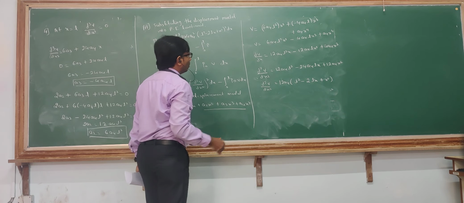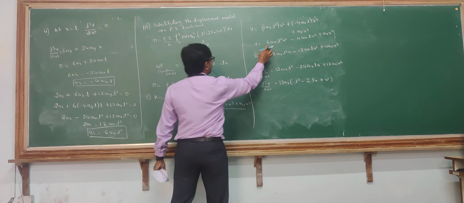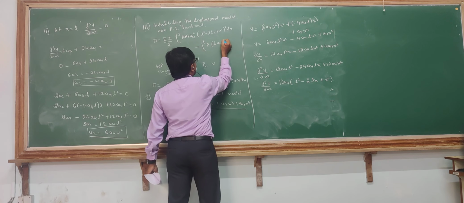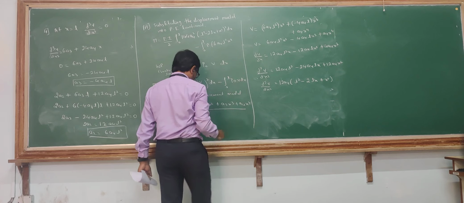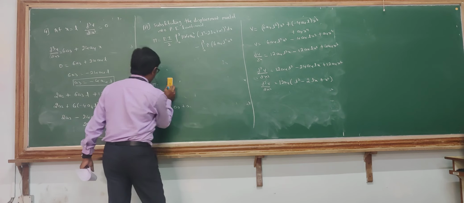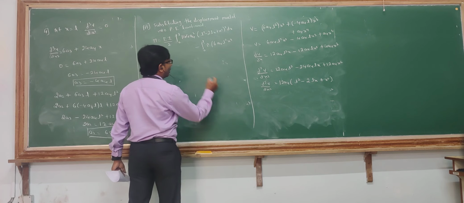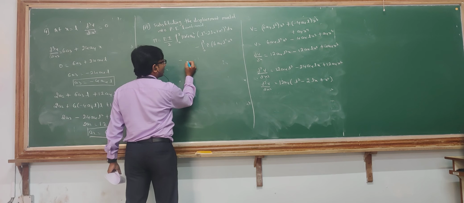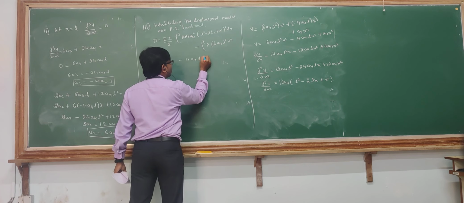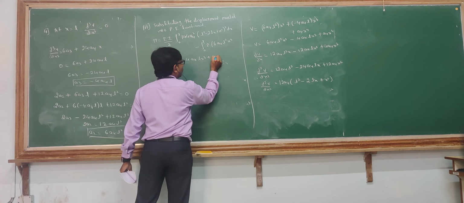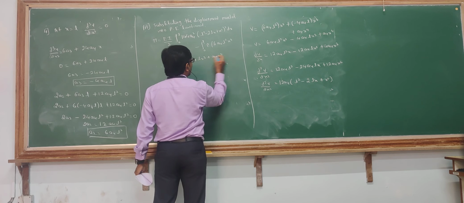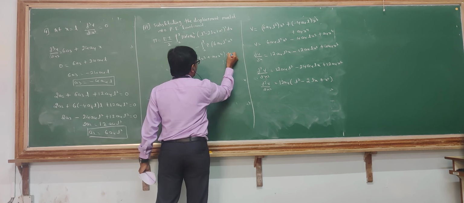What is v? V is this term, so it will be 6A4 L square x square minus 4A4 Lx cube plus A4 x raised to 4 into dx.